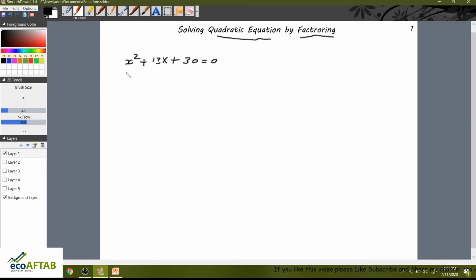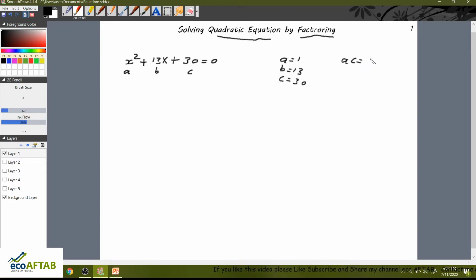So here, as I said in my previous class of polynomials, this is a, this is b, and this is c. So a is equal to 1, b is equal to 13, and c is equal to 30. So to solve a quadratic equation, we need to multiply a into c.